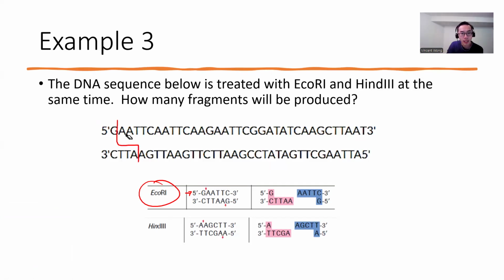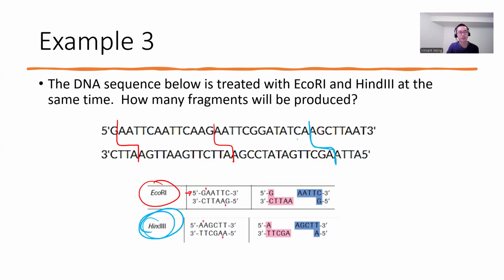If you keep on looking for another GAATTC, you will find it right here. That's another GAATTC. So that's an EcoRI cut and another EcoRI cut. And then the HindIII site is AAGCTT. AAGCTT is right here, and we're going to have another cut right there.